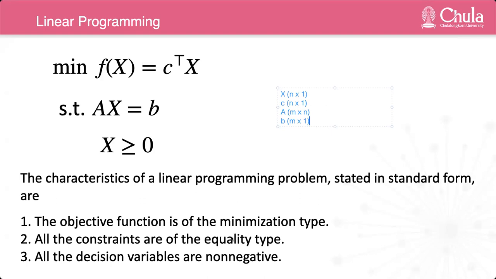For example, if we have a11 x1 plus a12 x2 plus until a1n xn less than or equal to b1.